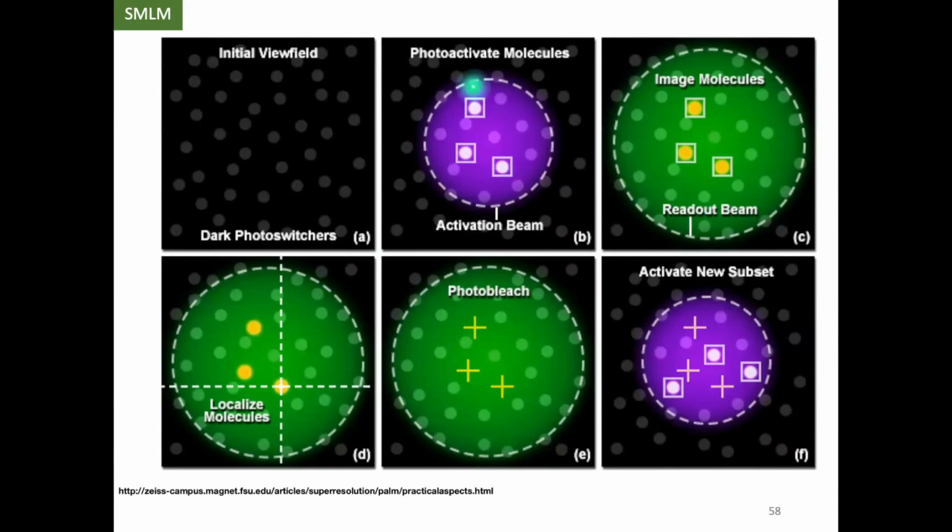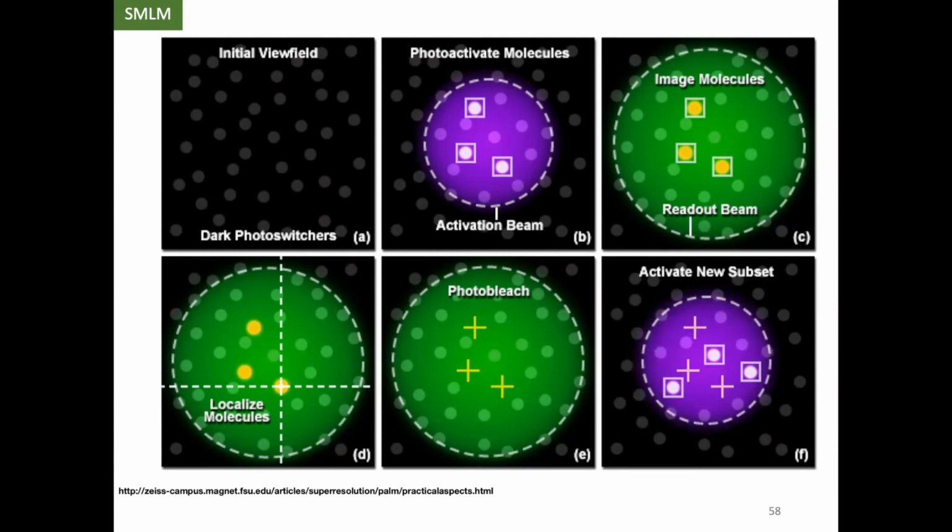So we have our initial view. We have a laser beam which activates some of the dyes. So these ones are activated. Because they are separated more than the diffraction limit, we can localize them, and they photobleach, right? So they disappear over time, and then we can activate again on the same area.